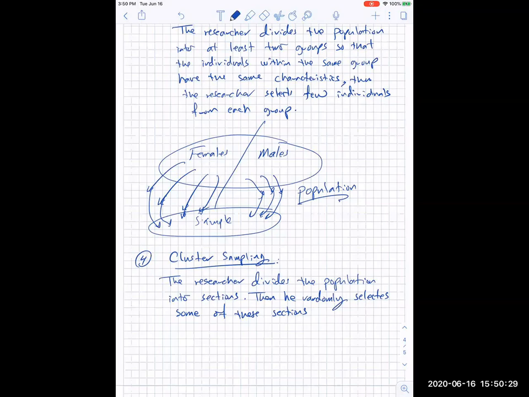Some of these sections he randomly selects, and selects all the individuals in those selected cluster sections.